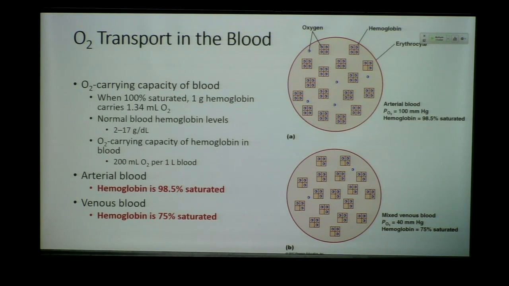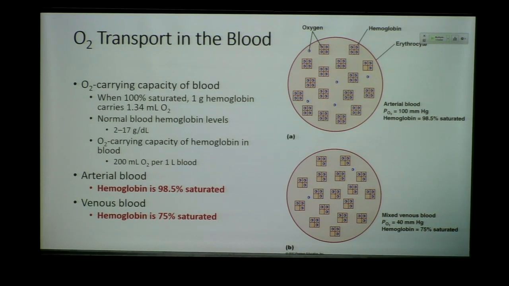And typically in an adult human without any sort of pathology or anemia, we have anywhere from 12 to 17 grams per deciliter of hemoglobin. So if you multiply those factors, the oxygen carrying capacity of hemoglobin is about 200 milliliters of oxygen per liter of blood. That's how much oxygen we have circulating in a liter of blood.